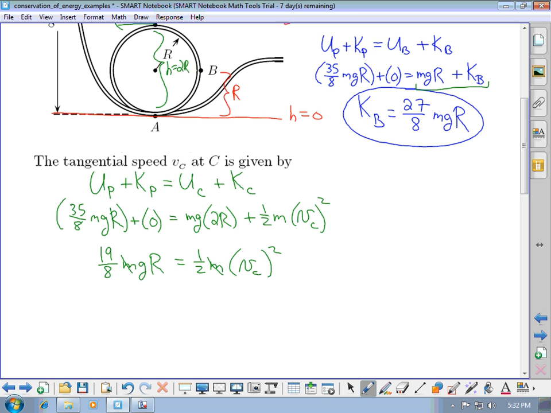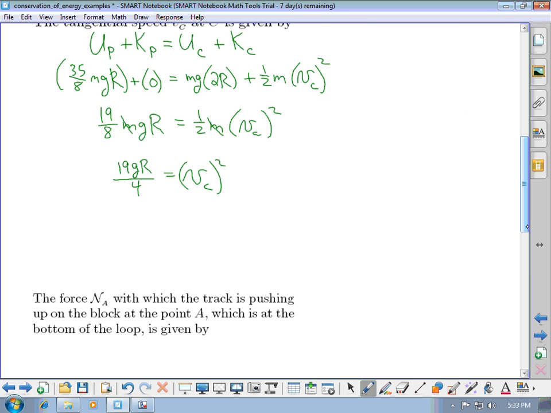And so if I multiply both sides by 2, I get 19gR over 4. Again, multiplying by 2 instead of dividing by 8, I'm dividing by 4. This equals v squared. So this means that the speed at point C is given by the square root of 19gR over 4, or equivalently the square root of 19gR, that quantity over 2.